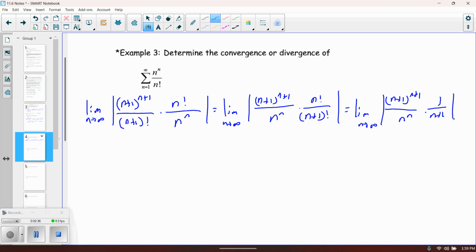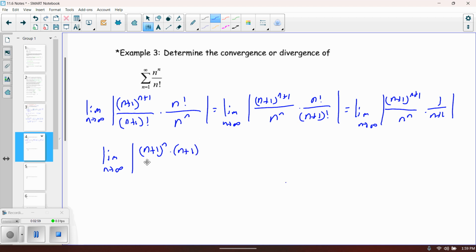So let's look at the left fraction there. We're going to try and simplify that one. Again, this is where the algebra kicks in. So n plus 1 to the n plus 1 can be rewritten as n plus 1 to the n times n plus 1 to the first power.